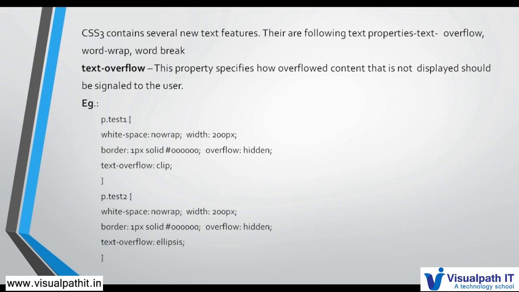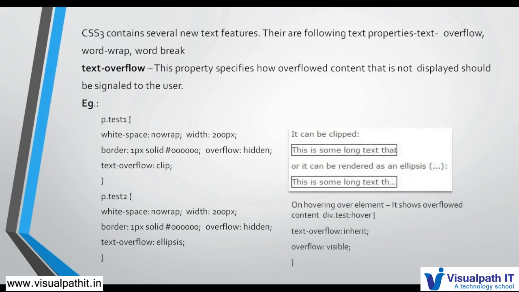Here is an example syntax. There are two types of syntax, for p.text1 and p.text2. You can take a look and go through it. So moving next, the output could be like this.